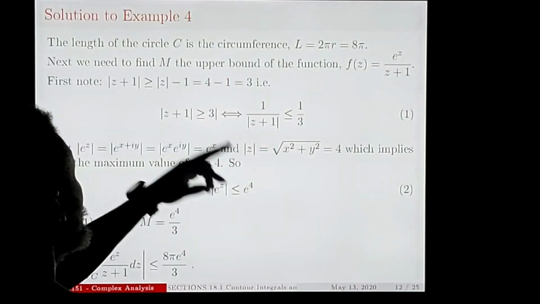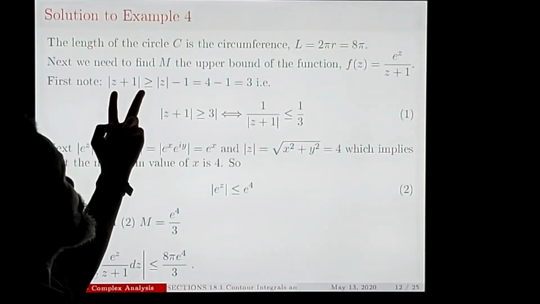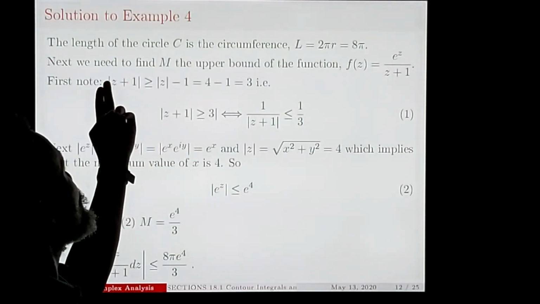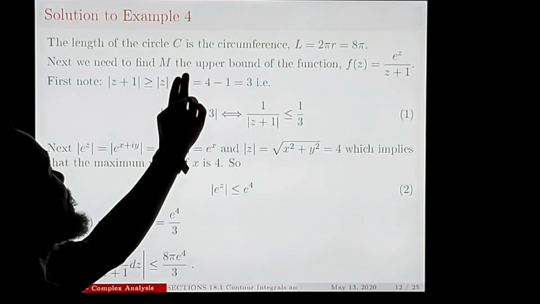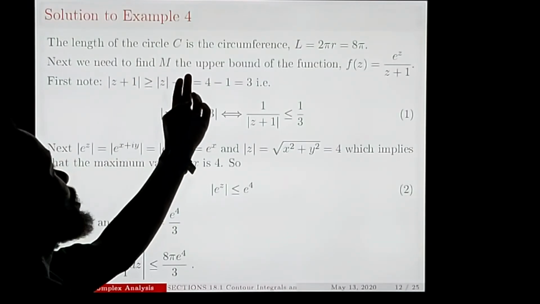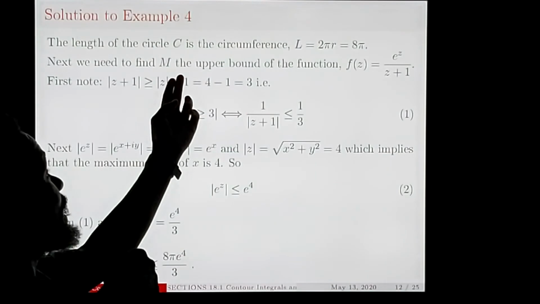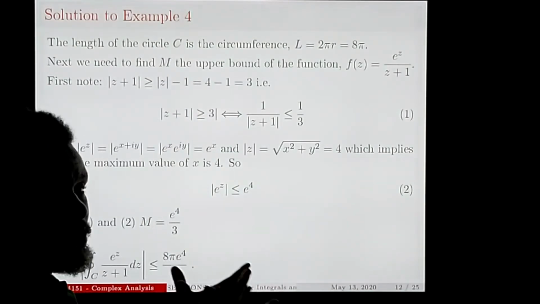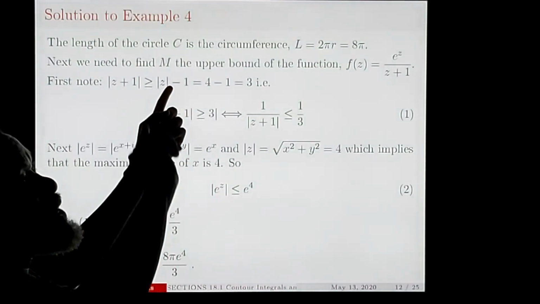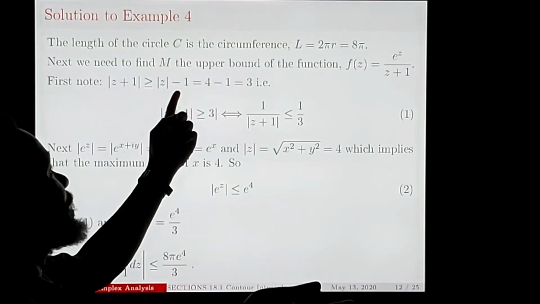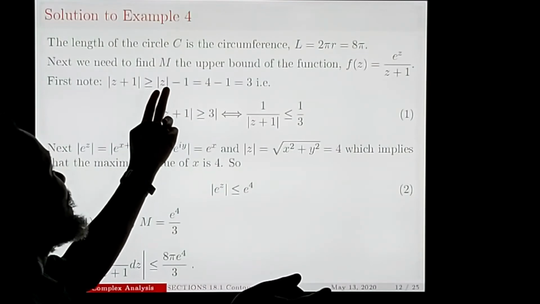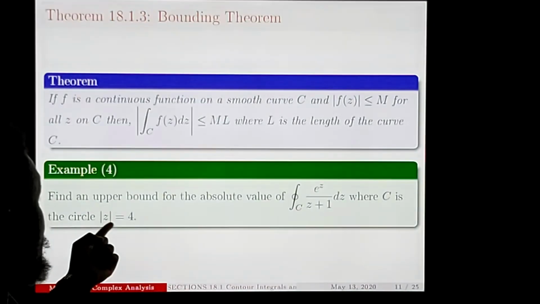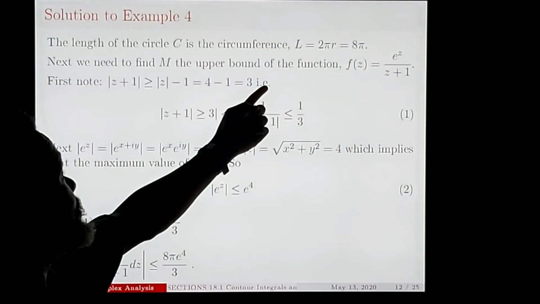First note that modulus of z plus 1 is greater than or equal to modulus of z minus 1. If I subtract 1 from modulus of z, I still get something smaller. But modulus of z is 4, so this is 4 minus 1, which is 3.